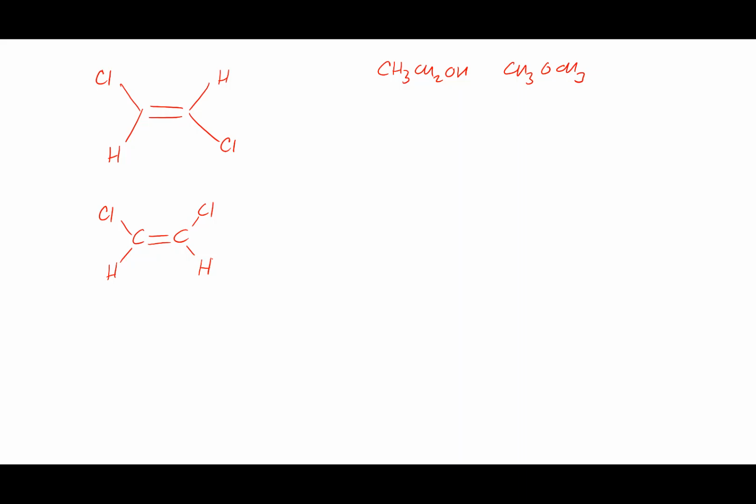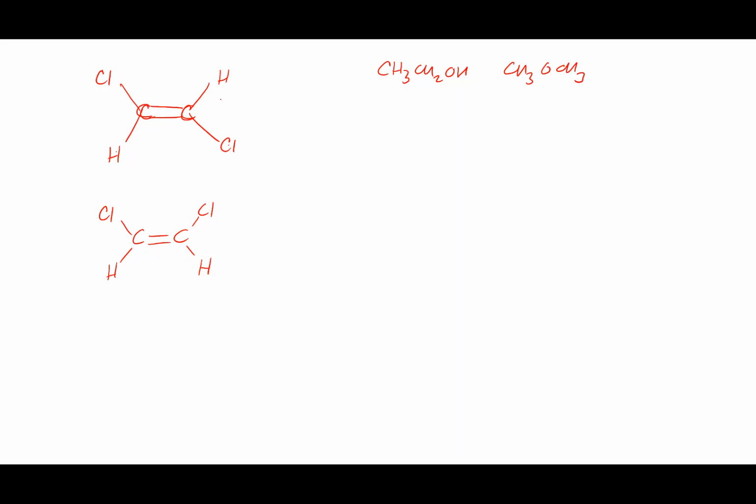What do I mean by that? It's got a carbon-carbon double bond. On this side, this carbon is attached to a chlorine and a hydrogen, and this carbon's attached to a chlorine and a hydrogen. The molecule below has the atoms attached the same: carbon with chlorine and hydrogen, carbon-carbon double bond, carbon with chlorine and hydrogen.